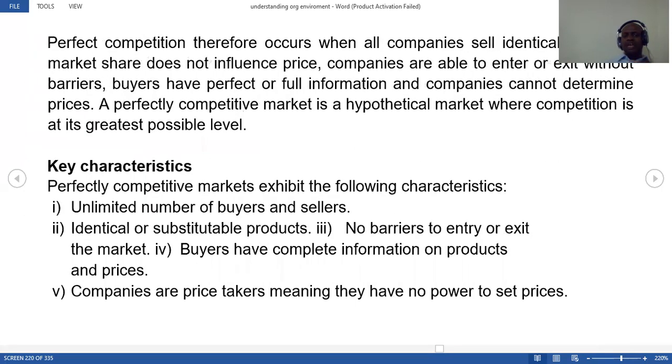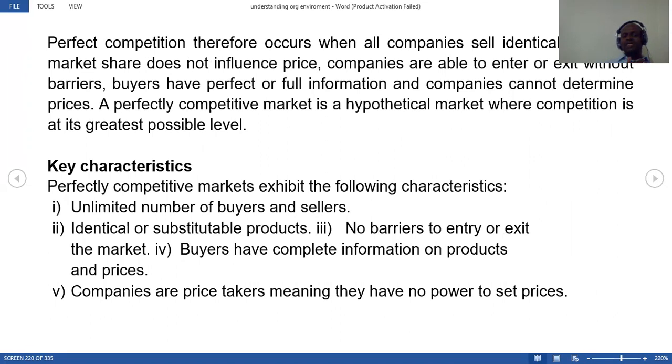So what are some of the key characteristics of perfect competition market? The first characteristic is that we have an unlimited number of buyers and sellers. So you find we have many buyers, and at the same time, we have many sellers. When you go to the market in the morning, for example, you want to buy fresh produce, and you go to a market like Marikiti in the morning, you will find that in Marikiti, we have many buyers and many sellers in the morning.